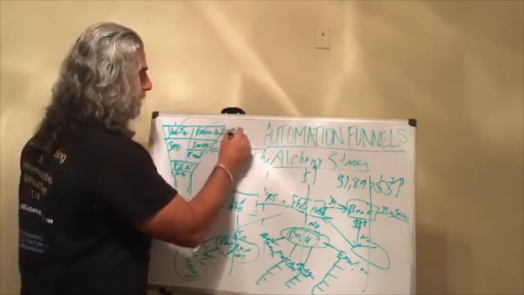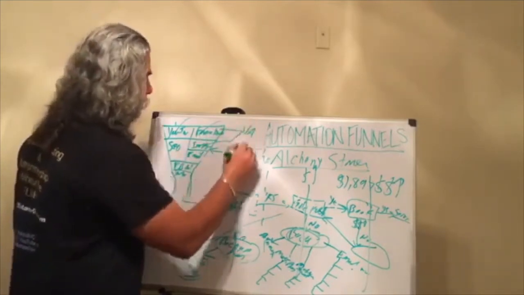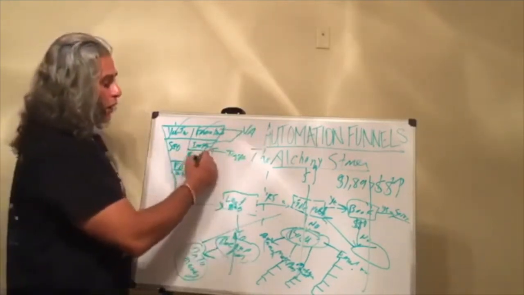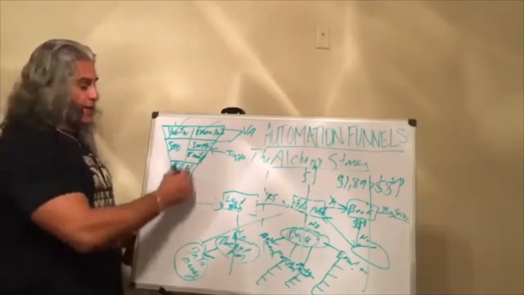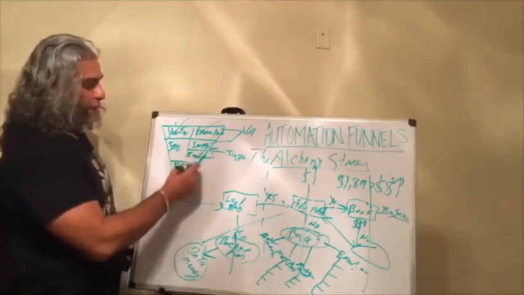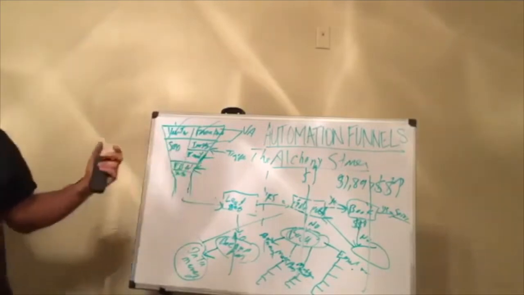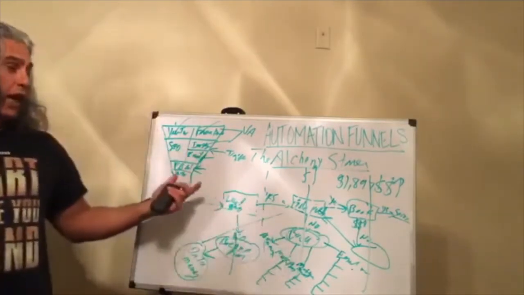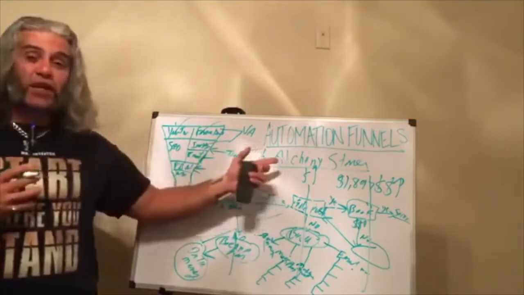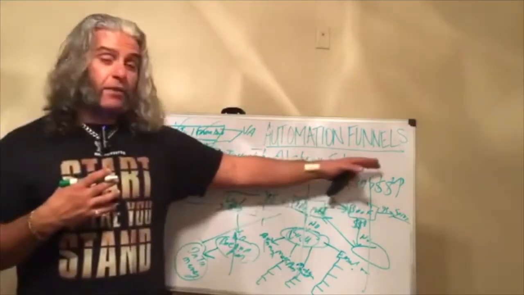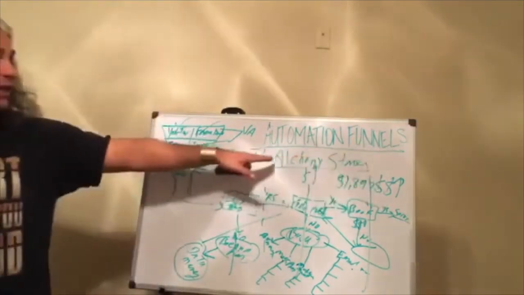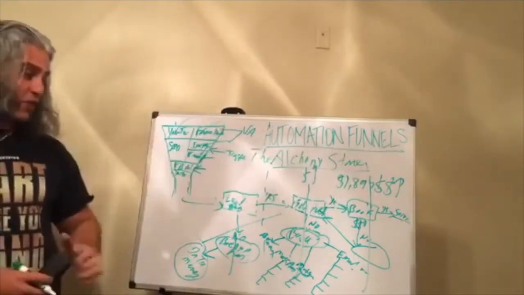Instagram, these things I outsource to VAs. The email, Soraya takes care of that. And this I take care of, and it's very, very complex. But if you have somebody showing you how to do it, like I do in the Alchemy class, it makes the whole thing so much easier.